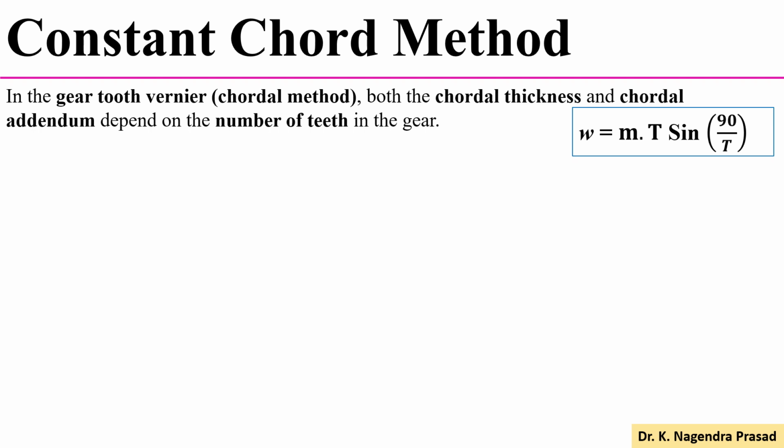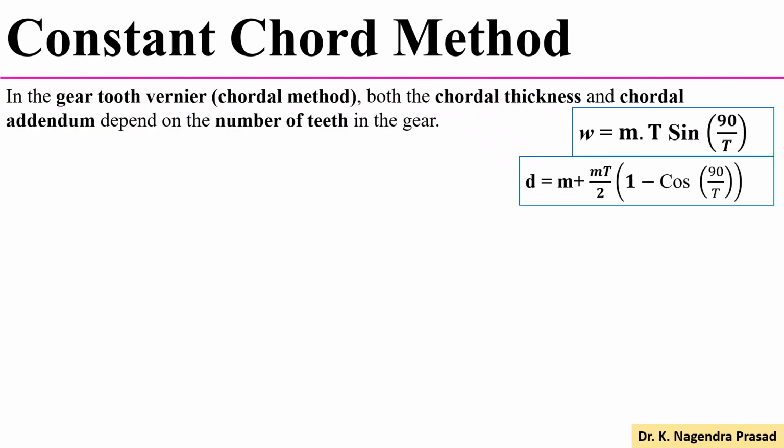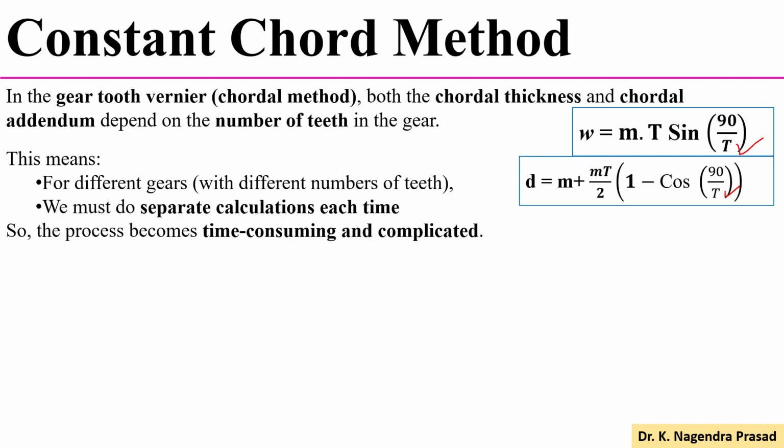The chordal thickness is W = m t sin(90/t), and the chordal addendum d = (m + m t/2) × (1 − cos(90/t)). In both equations, the chordal addendum and chordal thickness depend on the number of teeth.